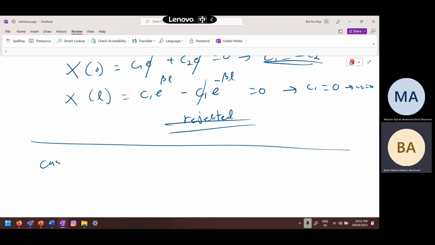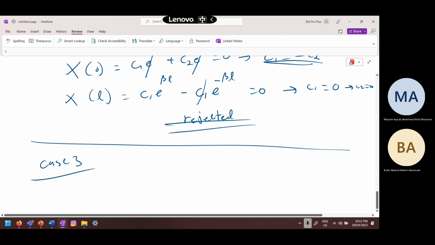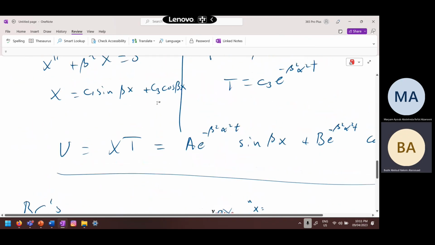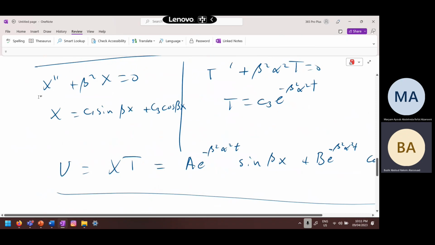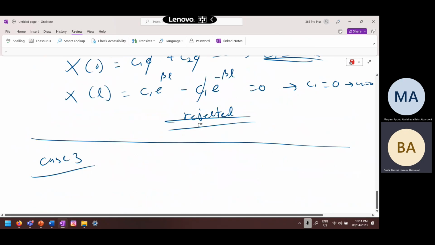Now case 3. Here you will understand why I'm using this method. It's much easier here. This is case 3. This is the solution of case 3.